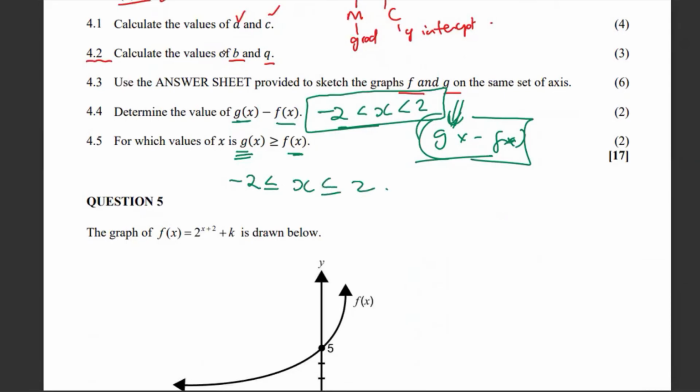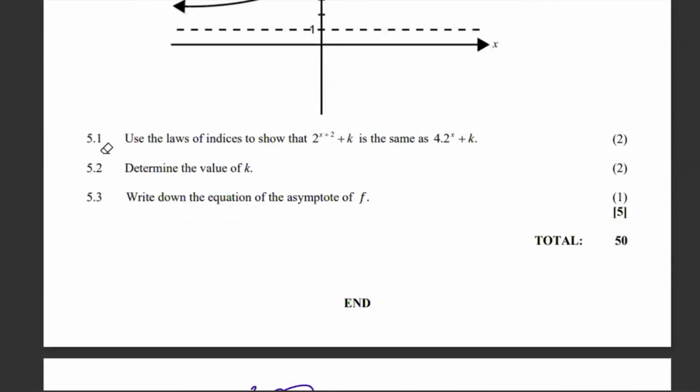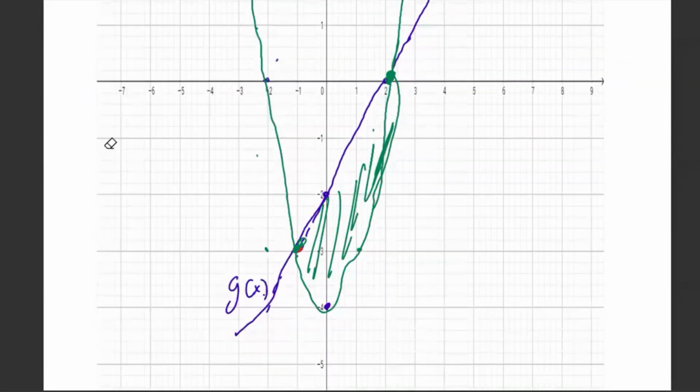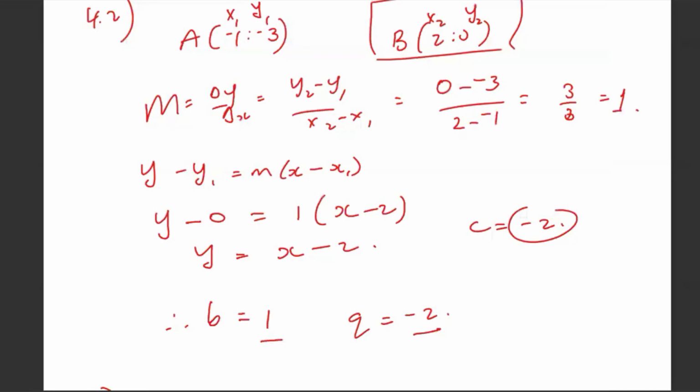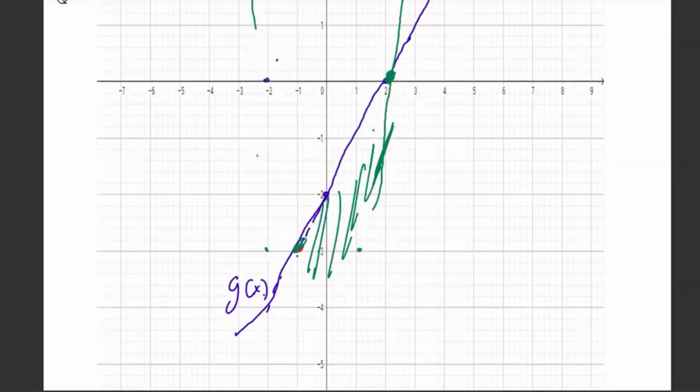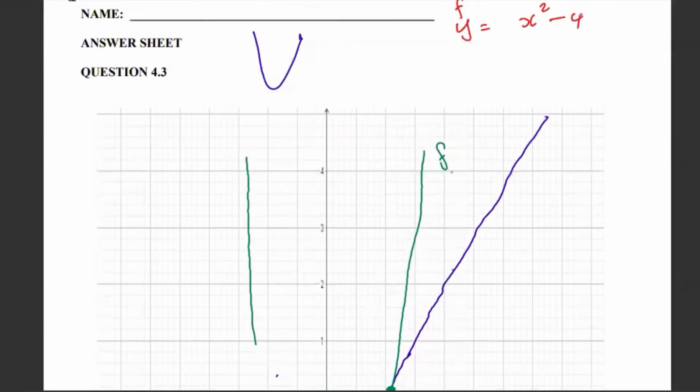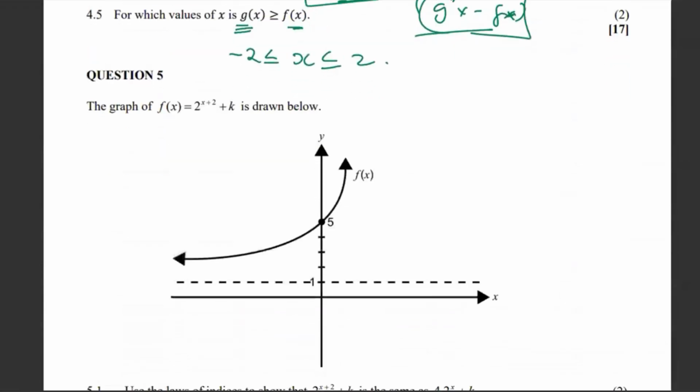Now, g of x minus f of x, you can't say determine the value, unless I'm going to give it in terms of the inequality, but this is going to be in the y format, okay? Meaning that it's between y 0 and y -4. So -4 and 0, that's the only region that we can really focus on.